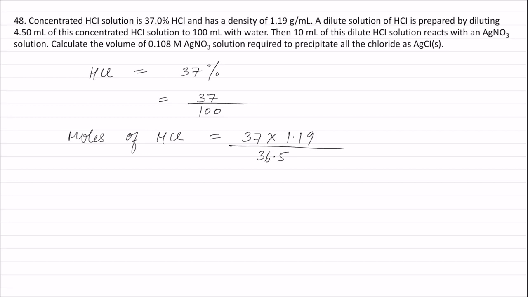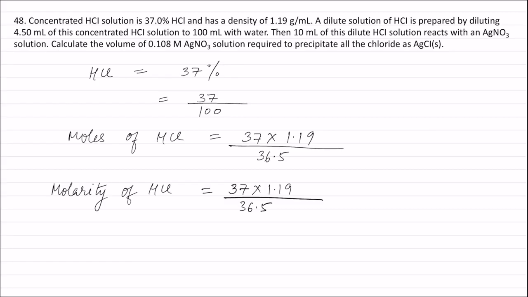Now we know the moles of HCl. From this we can find out the molarity of the given HCl solution. This is equal to moles of HCl, that is 37 into 1.19 divided by 36.5 moles, divided by volume of solution in liters. Now volume of solution of HCl is 100 milliliter.